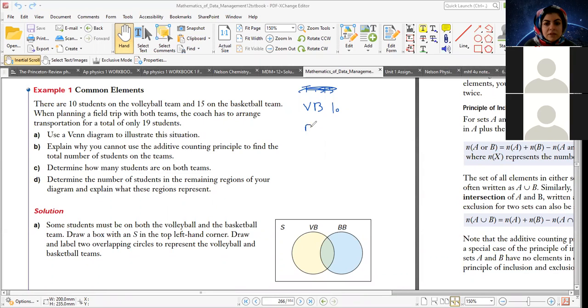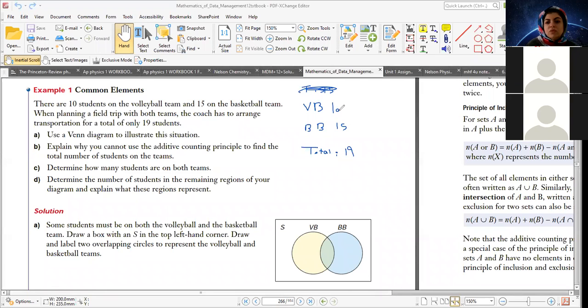On the basketball team, we have 15 students. The coach has to arrange transportation for a total of 19 students. How come?